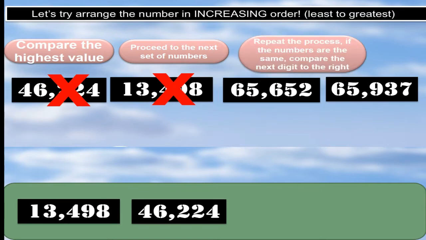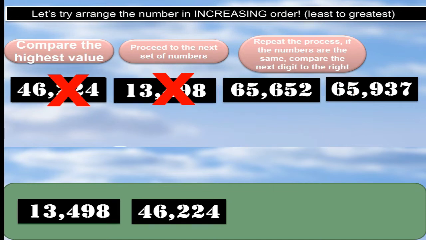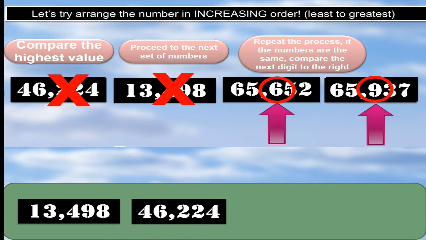Repeat the process, and if the numbers we're comparing are the same, we will just compare the next digit to its right. So let's compare 5 and 5. They are again the same. Let's again move to the next number, which is 6 and 9. 6 is less than 9.